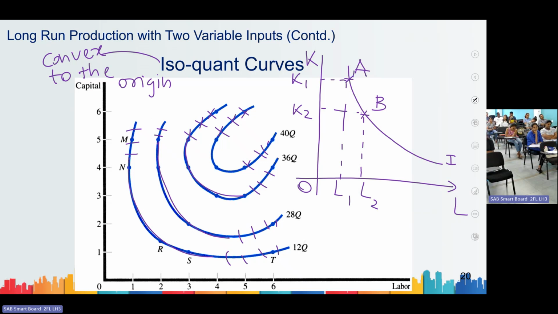Assume that this isoquant curve represents 40 units of output. The firm moves from point A to B. Both point A and B produce Q equals 40.